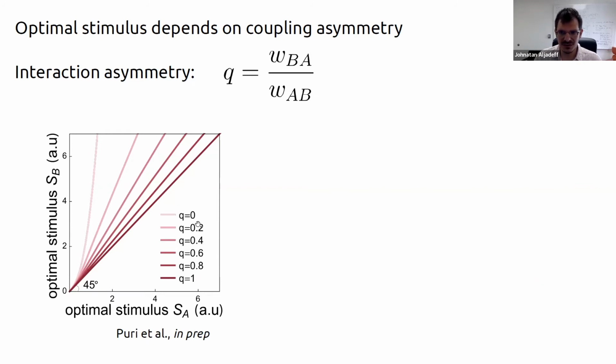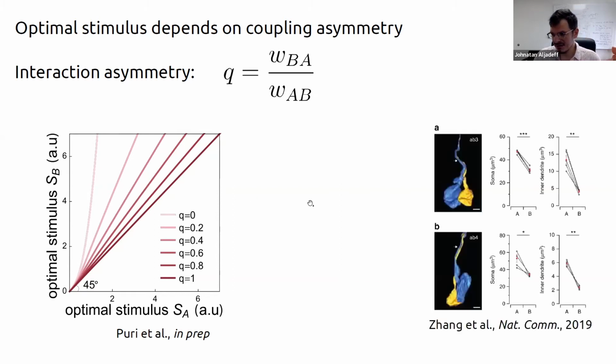But if we reduce Q to be less than 1, because ORN A is bigger than ORN B, then the stimuli that are best discriminated are in this part of the firing rate space, or the stimulus space. And this should remind you of this result by Qing's lab, showing that not only is the identity of neurons that are paired conserved, but also the relative size. So it seems like the system is tuning this parameter Q such that particular odors can be discriminated.